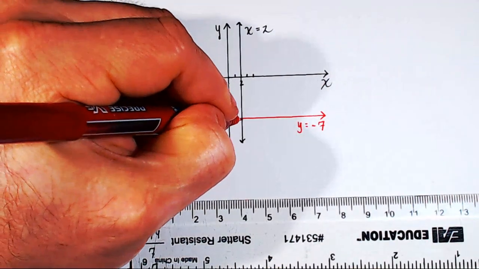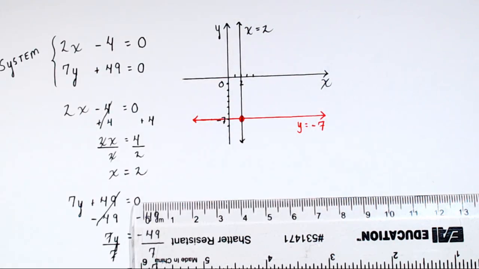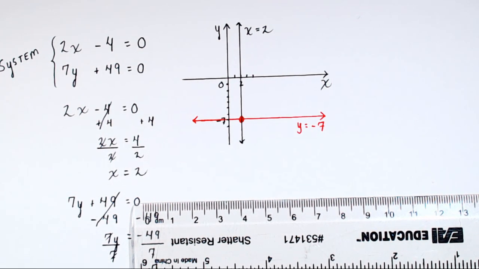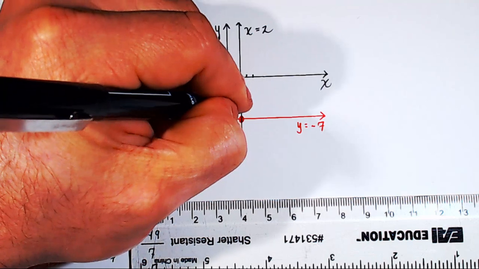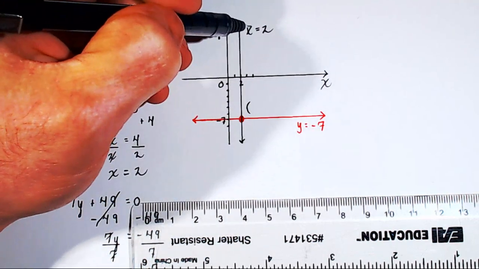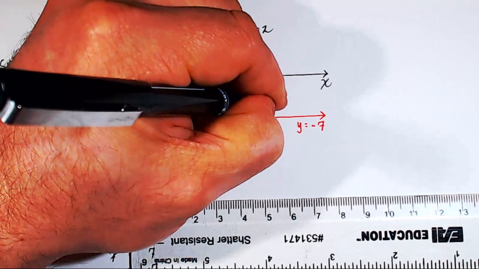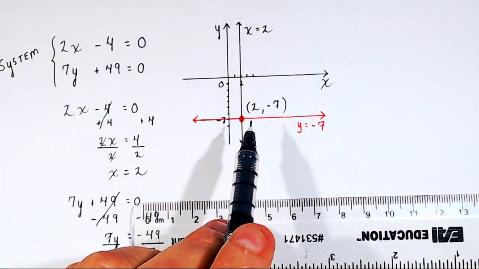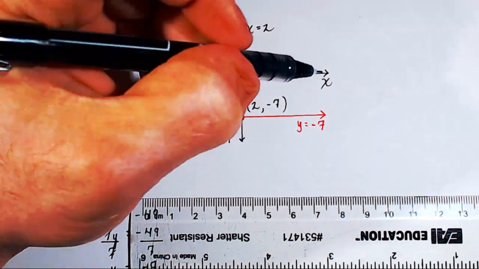Well, this point right here is the solution to the system of linear equations. And that solution is actually a coordinate. So what are the coordinates? Well, x equals 2 and y equals -7. So the solution to this system of linear equations is (2, -7).